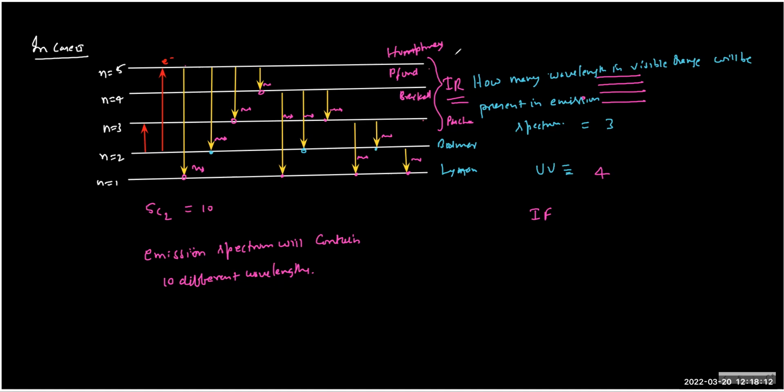We can club them into one category called infrared, and the count of infrared will be 3. And we can subtract from the rest. Once you know the spectrum lines in the visible and the UV, and you know the total, the answer is also 10 minus 4 plus 3, which gives 3.